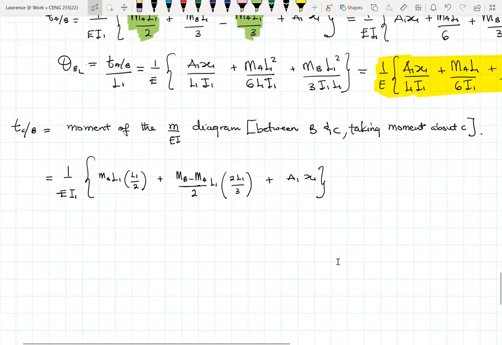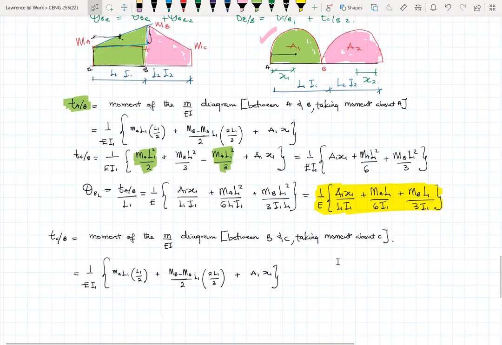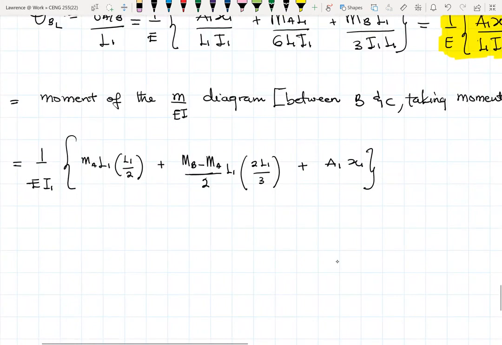All right, so here we'll have M sub C times L2, so this becomes I2.